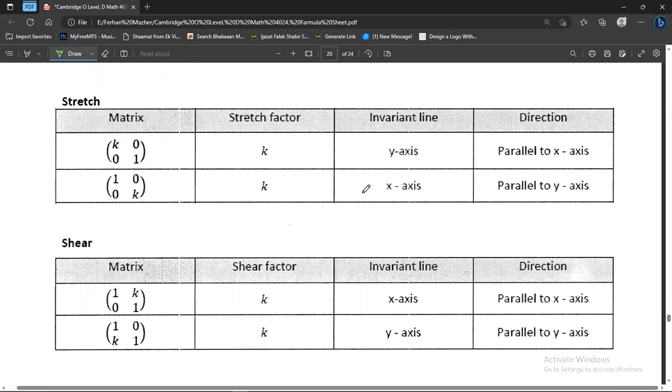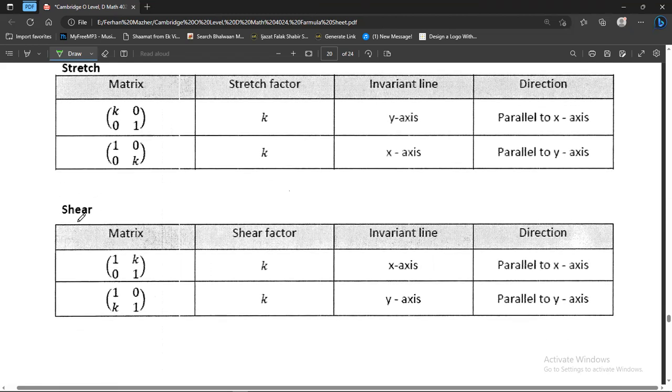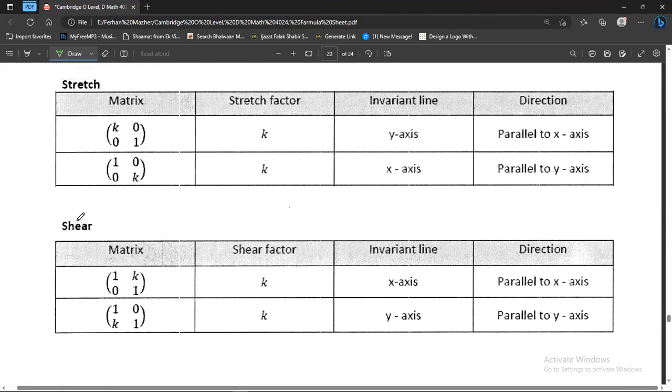If the stretch factor is k, the invariant line is the x-axis, and you move parallel to the y-axis, then it will be 1, 0, 0, k. This is how people try to remember it, but this has been removed from the O levels 4024 syllabus.